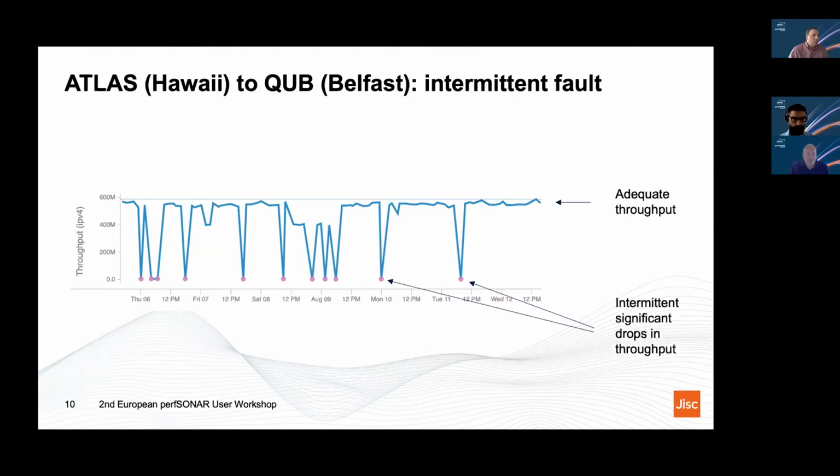But the other arrows point to significant drops in the throughput associated with a red purple dot at each low point, which indicates that there were retransmits of the packets. So something clearly going wrong there. And this happened, incidentally, August last year. August the 9th is the date listed there.